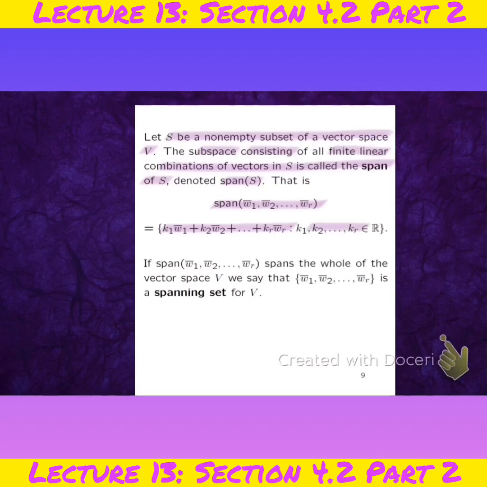And remember, these K's are scalars, they're real numbers. Now, if the span of S spans the whole of the vector space V, then we say that W1 up until WR is the spanning set of V.